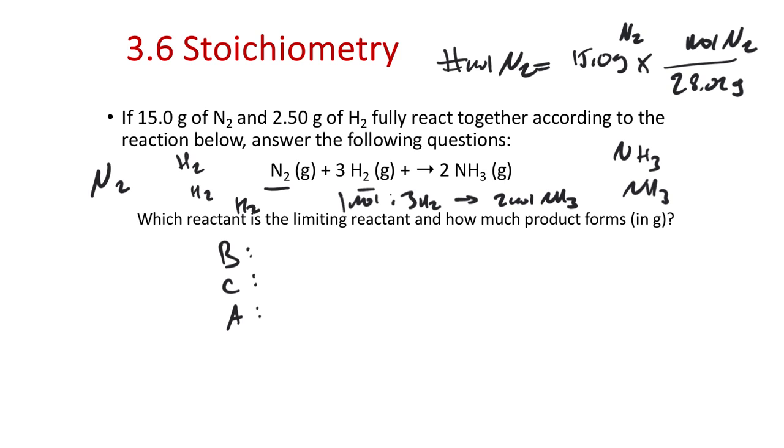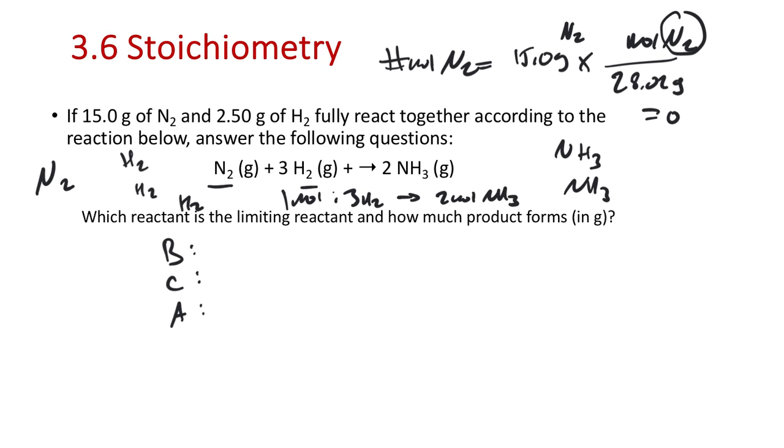And so sometimes we get caught up on when do I use the mass of N versus N2? Well, it's moles of N2, so that's why we're using the molar mass of 2 nitrogens. So 2 nitrogens mass in the periodic table is 28.02. So 15.0 divided by 28.02, I get 0.535 moles. So I can write that over here for my N2.